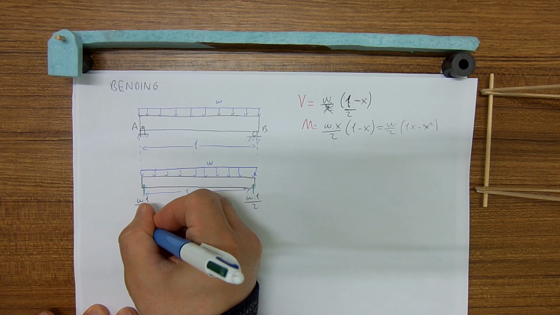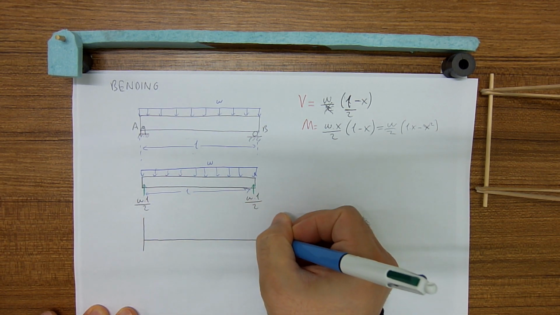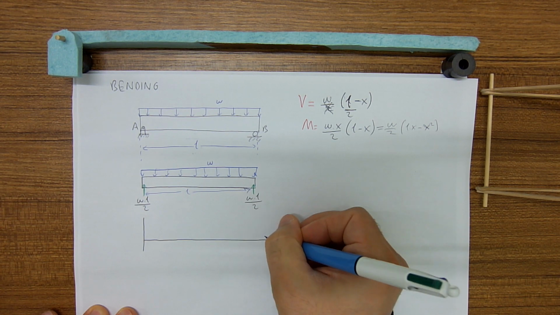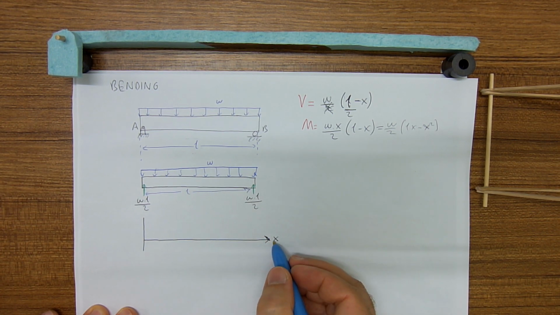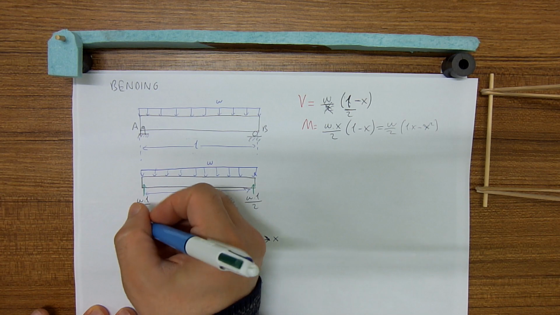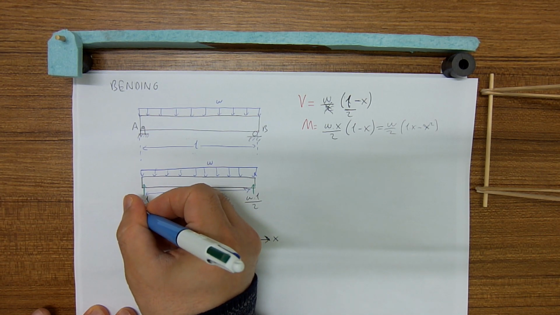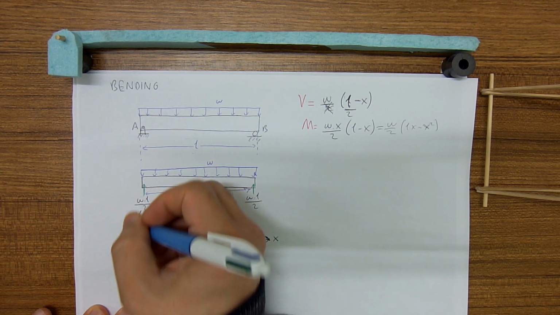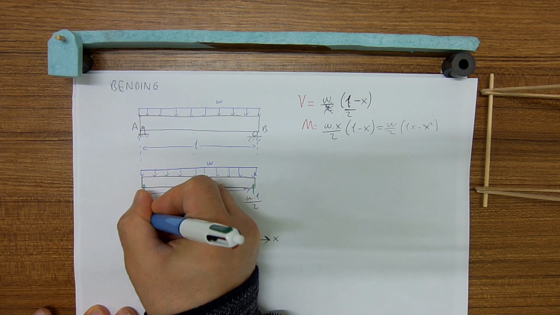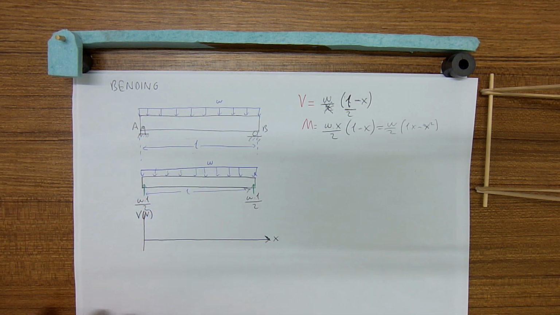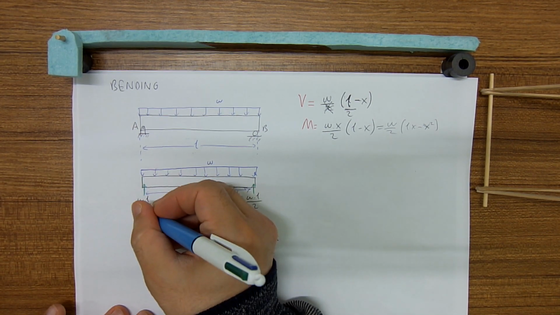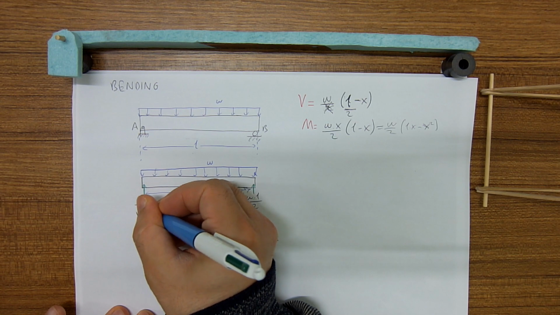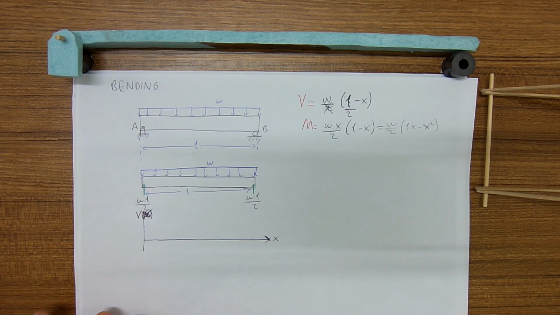Next, we start drawing the shear diagram. This is the x-axis representing the length of the beam. This is the y-axis representing the shear force. And in parentheses we can show the unit, but here we don't have any real number, so we don't put any unit.